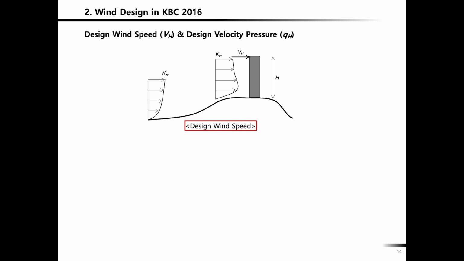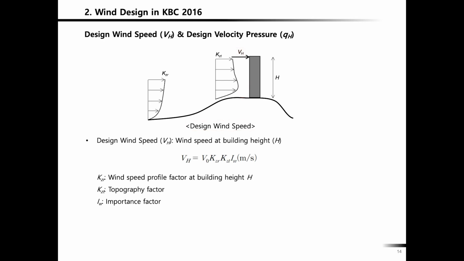And if you build the building very high, your design wind speed is very large compared to the building right next to it. If you build only this much, the roof level speed is smaller, even though it's the same site. So design wind speed is related to the building height. The definition is the wind speed at building height, roof level. That's defined as VH.